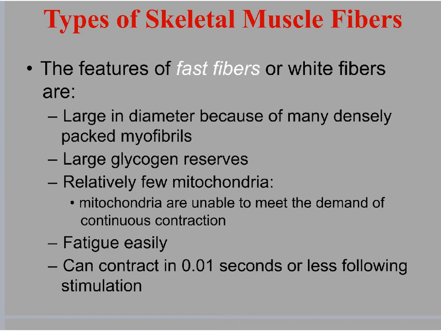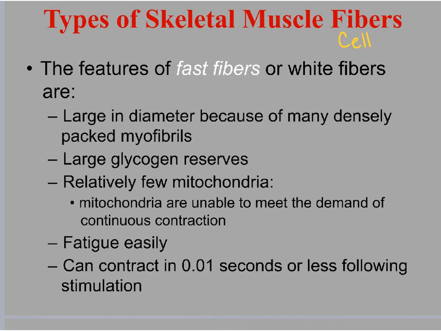Okay, so the next topic is the different types of skeletal muscle fibers. Also, remember, a skeletal muscle fiber is known as a skeletal muscle cell. When you get to physiology, you'll learn a little bit more about these and how these different types of muscle cells contract.